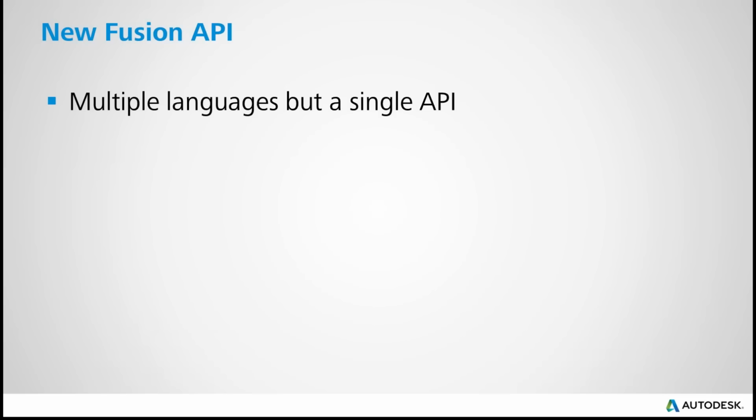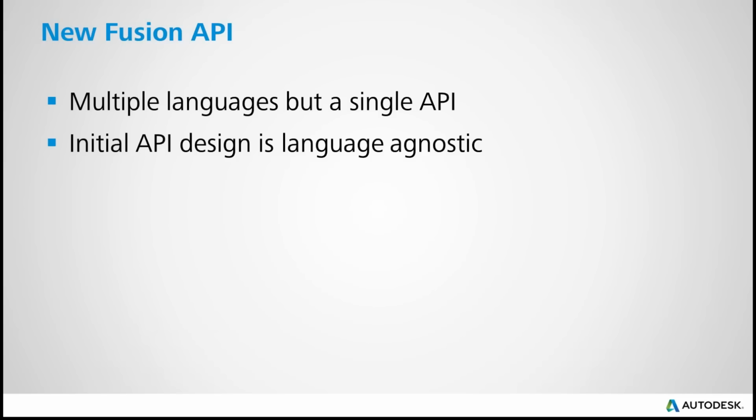Something that's interesting with the API is that there are multiple languages. Today, Python and JavaScript, and coming C++. Nothing else is planned right now, but we'll see in the future. There are multiple languages supported, but there's really just a single API. When I design the API, I actually design it in a language that is language agnostic.